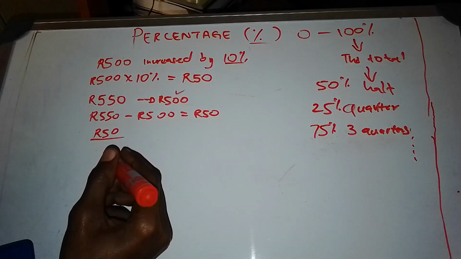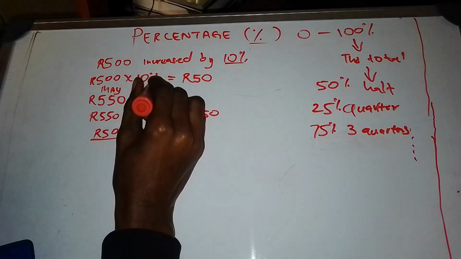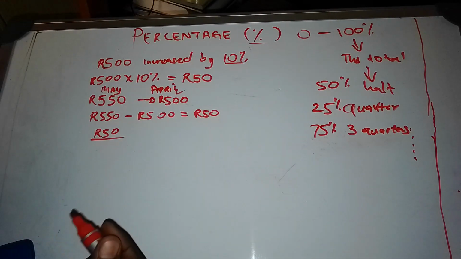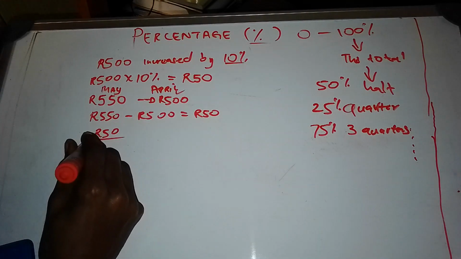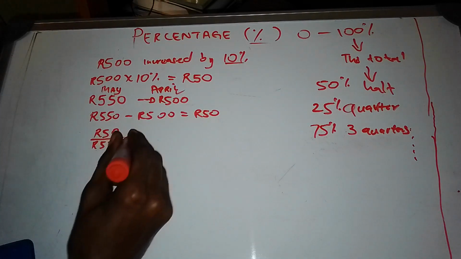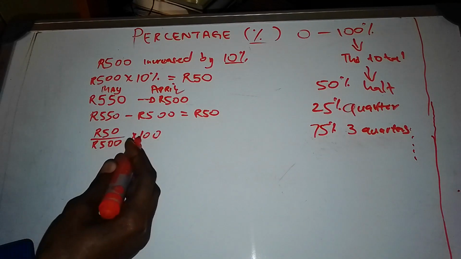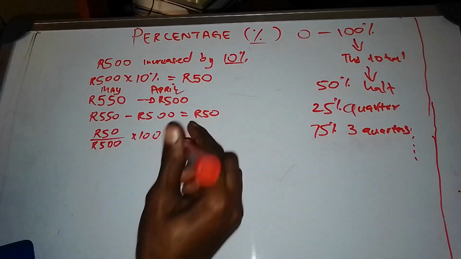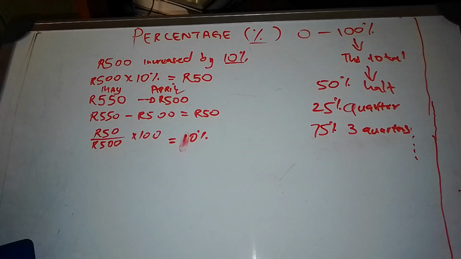Let's say you've got May here, you've got April here, so that it becomes clear, right? Now this is the original. So you will say divide by the original price times 100, which gives you 10%, right.